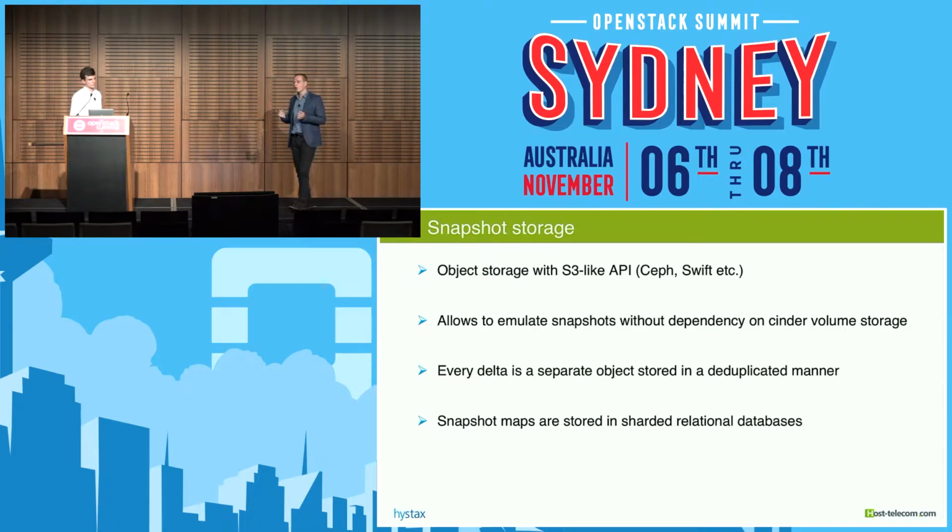We store these deltas or snapshots in such a way that every delta we receive from the VMware side, from the customer side, is a separate object in the object storage, which gives us an opportunity to provide deduplication, so we don't require as much storage as all the customer's VMs would weigh in terabytes. In our case, for this customer, we had 20 terabytes of data, and we could provide a deduplication ratio of about 30%.